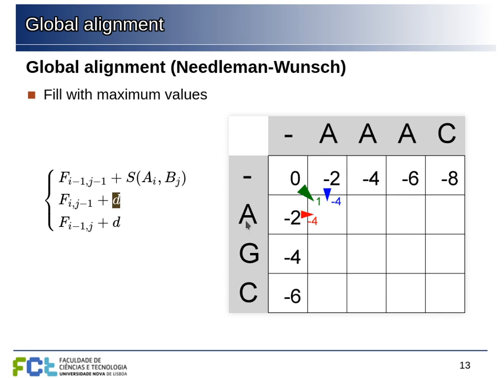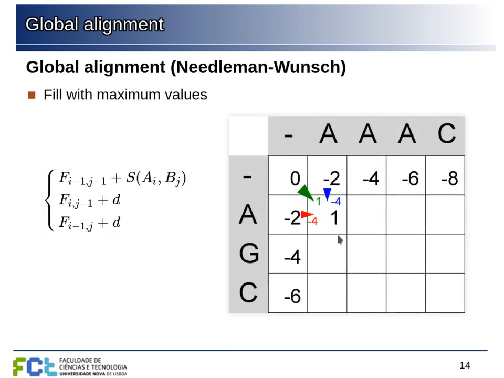So this would be the equivalent of putting one gap to match this A and another gap to match this A. It would be going this way and this way, and we have -2 and then -2 again, it's -4. And this would be the same thing but in reverse, going to here and then here, and that's -4 too. So now we take the best score of these three. And the best score of these three would be 1.